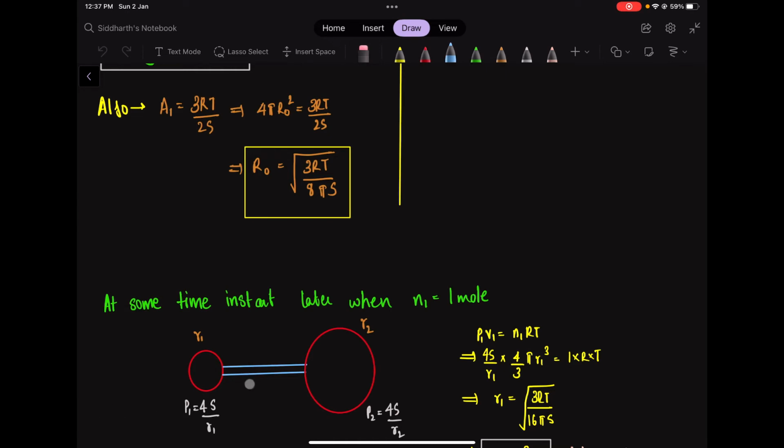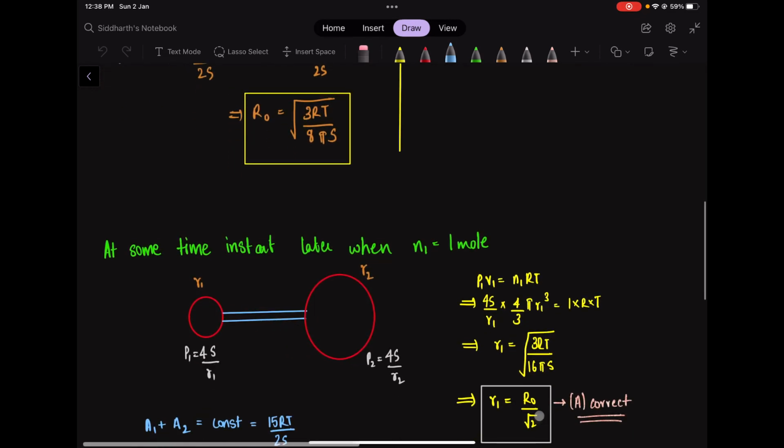P1 is 4S by R1 as we found, into 4 by 3 pi R1 cubed, equal to N1, which is 1 as given in the question, into RT. So R1 is square root of 3RT by 16 pi S. And here we have found that R0 is square root of 3RT by 8 pi S. So from these two we can see that R1 is R0 by root 2. So A is correct.